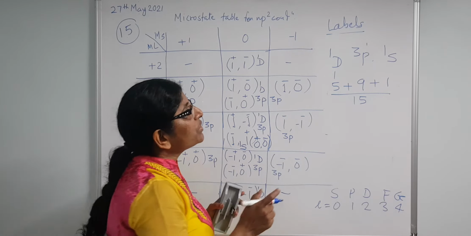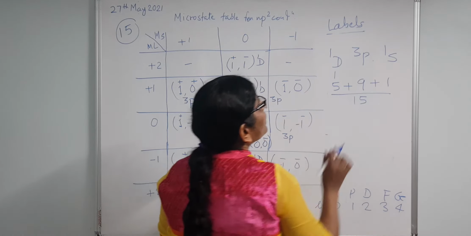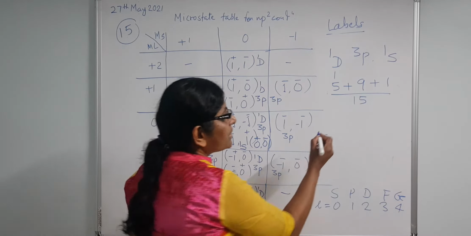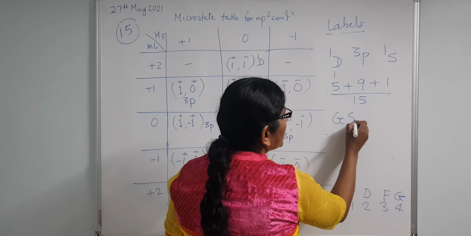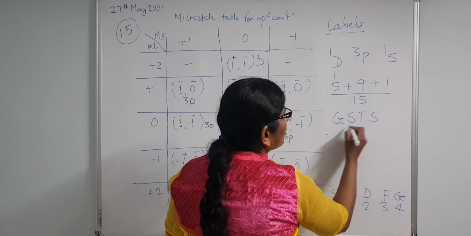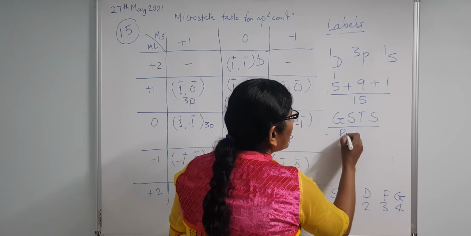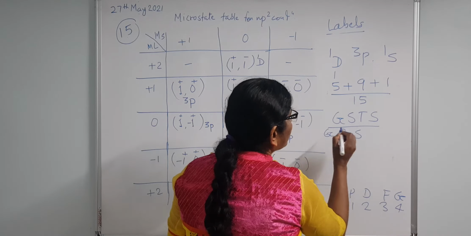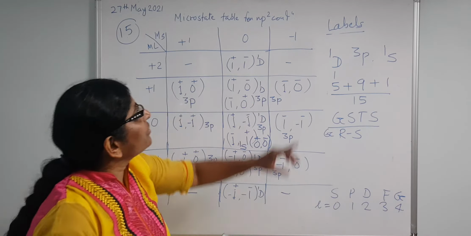Now from this we have to write the ground state term symbol. How to write the ground state term symbol, which is nothing but the ground RS term, or the term symbol for that configuration NP2?